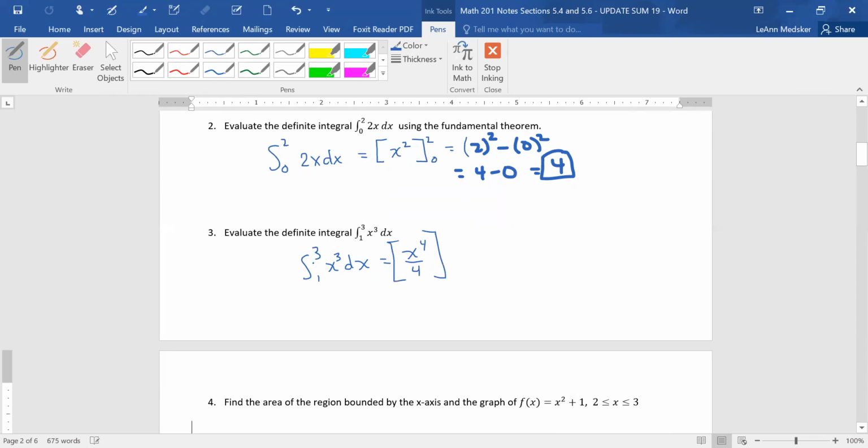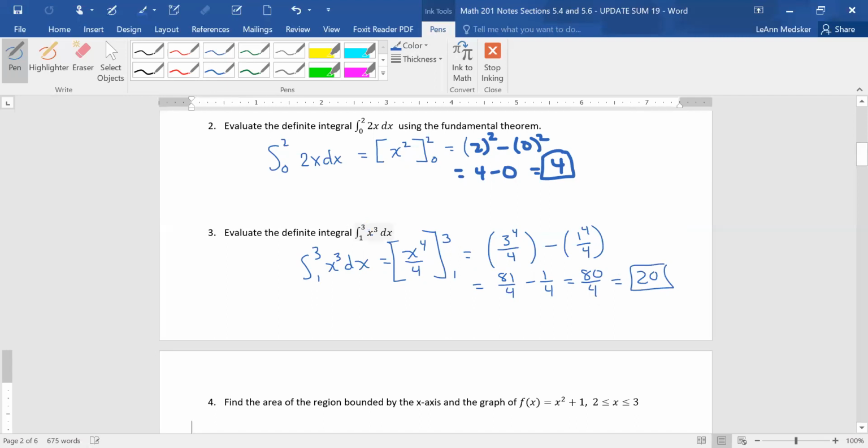Bracket that in since we're not doing an indefinite integral, and evaluate it at the upper limit of 3 minus the lower limit of 1. So this would be 3 to the fourth over 4, that's the first evaluation, minus 1 to the fourth over 4. 3 to the fourth is 81 over 4, minus 1 over 4. This is 80 over 4, which reduces to 20.